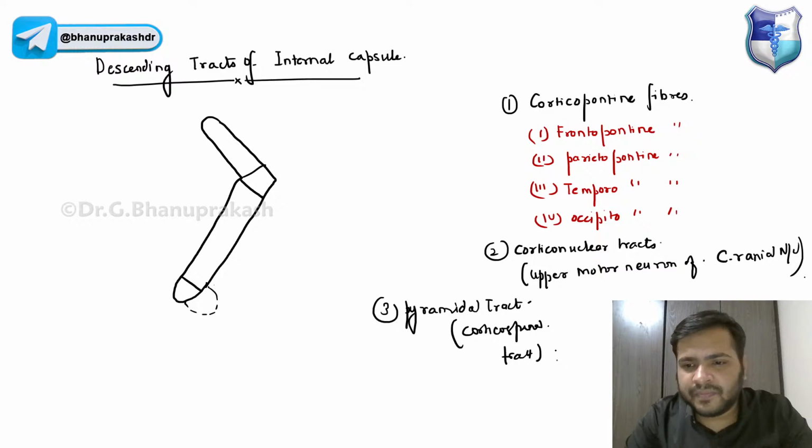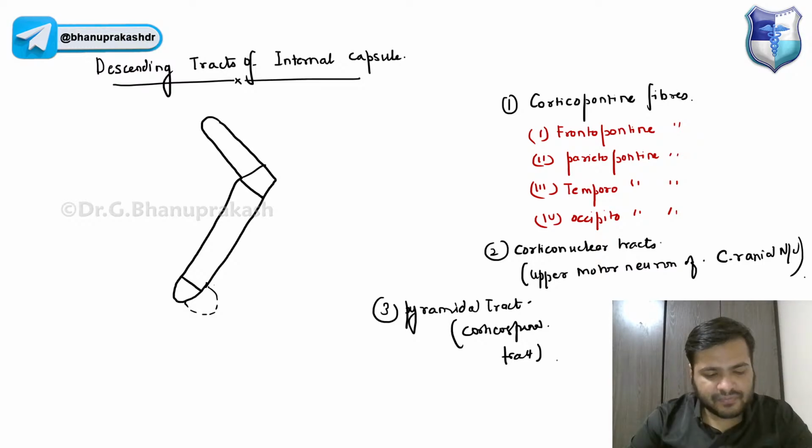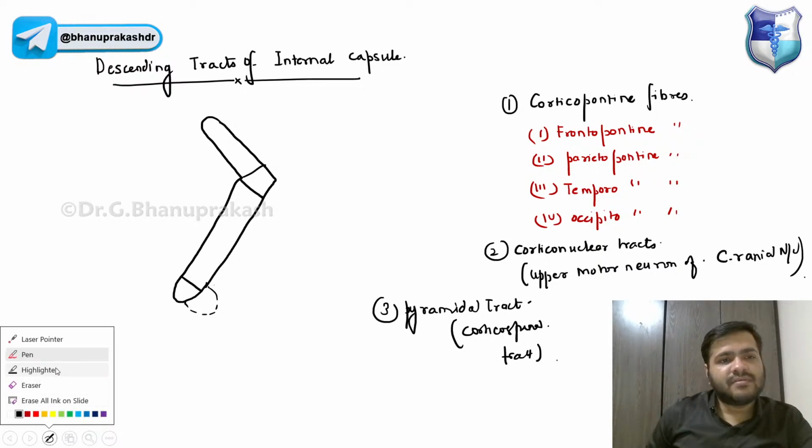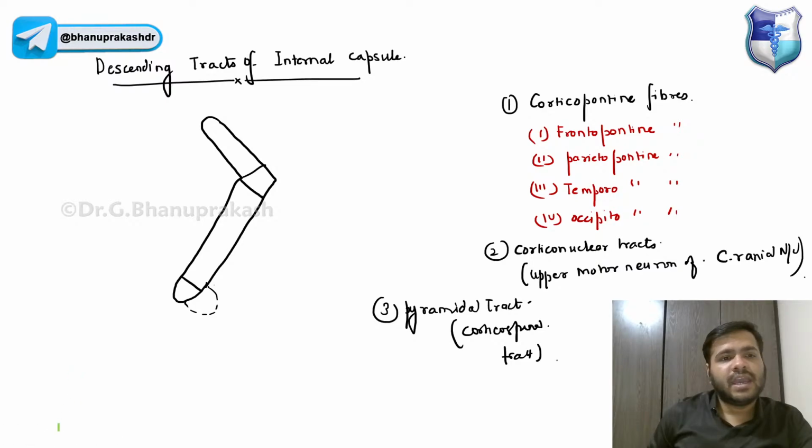Now remember guys, the frontopontine fibers will come from the anterior limb. The frontopontine fibers will be passing from all the 3 limbs. You already know this is the anterior limb, genu, posterior limb, the retrolentiform part and the sublentiform part.